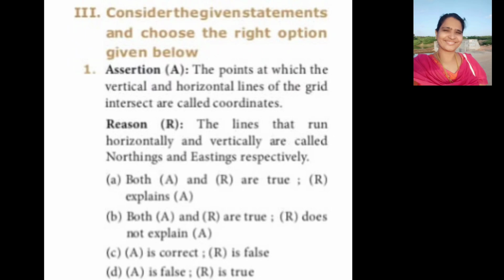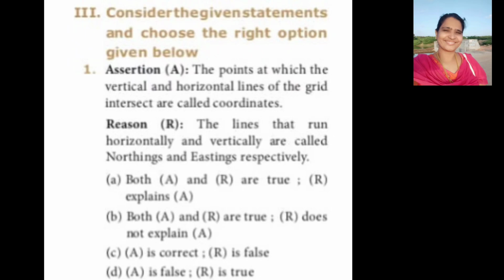Consider the given statements and choose the right options given below. First one, assertion and reason, okay? Assertion. The points at which the vertical and horizontal lines of the grid intersect are called coordinates. Reason. The lines that run horizontally and vertically are called northings and eastings respectively.